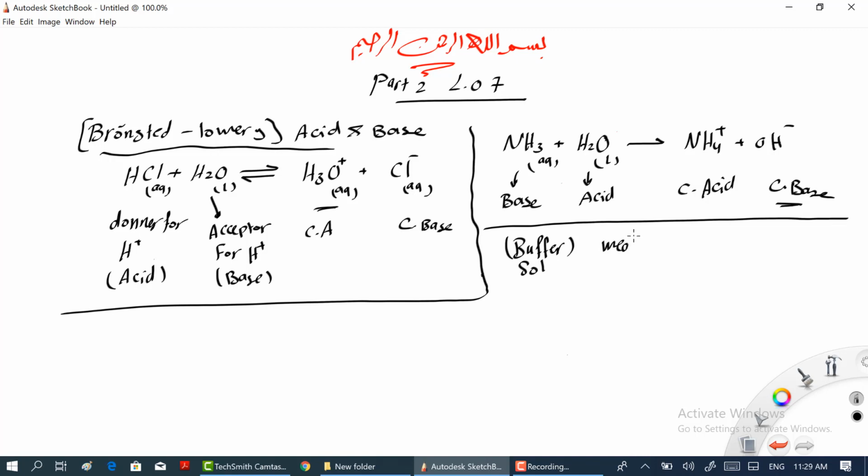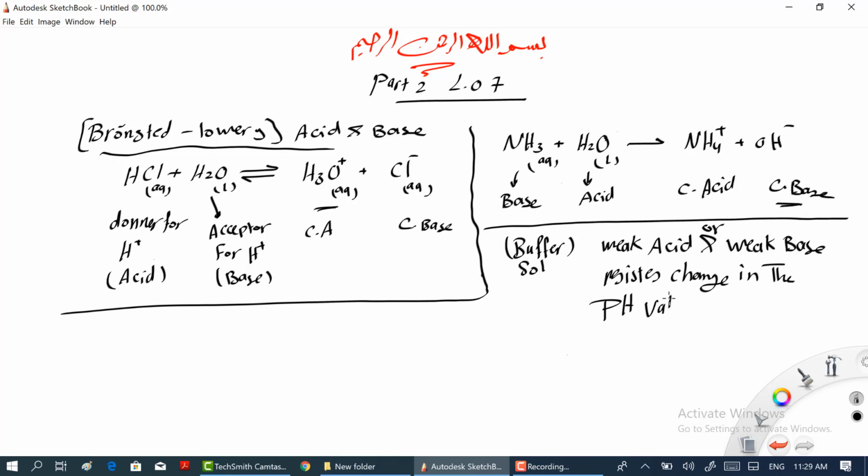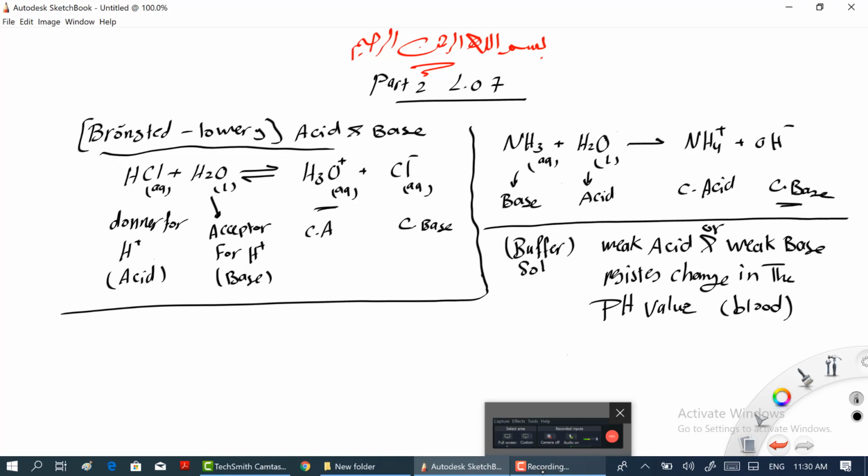It's a weak acid or weak base that resists change in the pH value, like the blood, which contains buffer solutions keeping the pH value of the blood constant, resisting the change. Maybe a weak acid, maybe a weak base, to resist the change in the value of the pH. Right, let's take an example about the buffer.